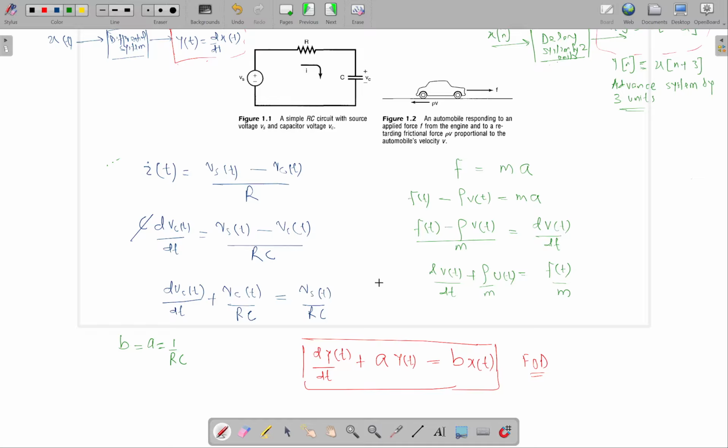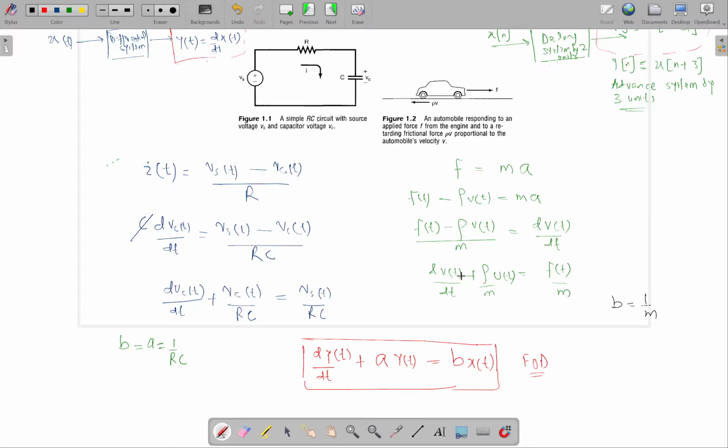Okay, so now again if you look closely, f of t is basically my input signal or input force, and b is basically 1 upon m. And then over here, if you again look at this particular side and compare it with this particular expression, you can see that v of t is basically the output signal, which is the velocity resulting from the applied force.